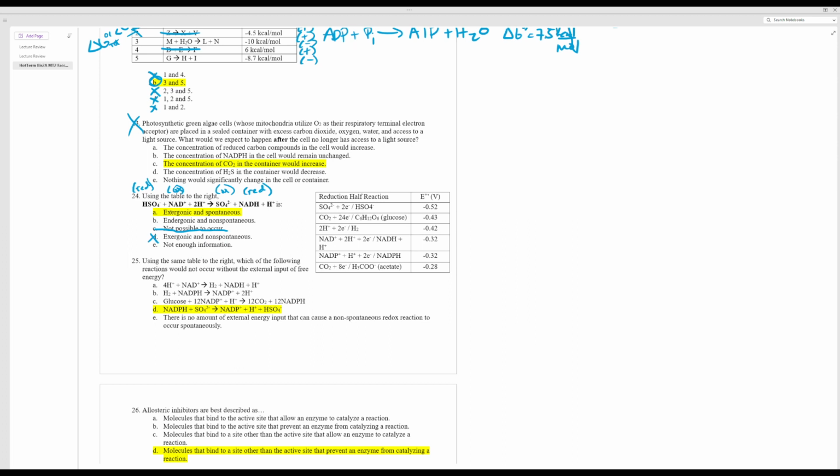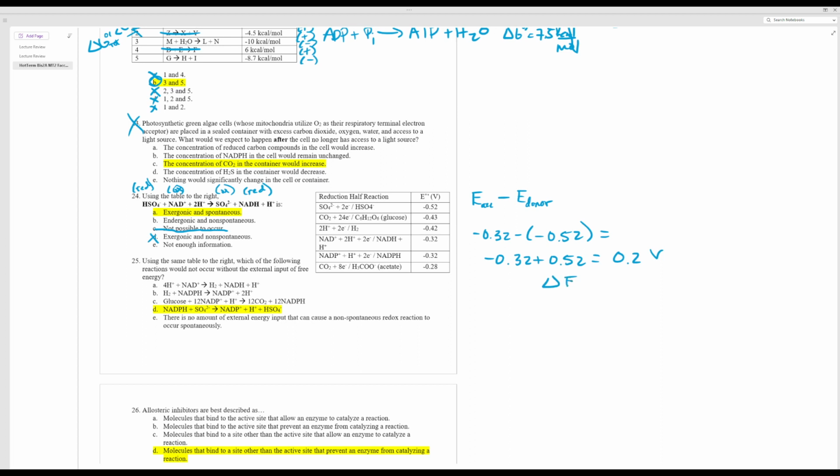Okay. And now we need to calculate the delta E's. So E acceptor minus E donor. My acceptor is NAD+, so I have negative 0.32, minus my E donor, which is HSO4, so negative 0.52, which is negative 0.32 minus a negative, which is the same thing as a positive, 0.52, which is equal to 0.2 volts.